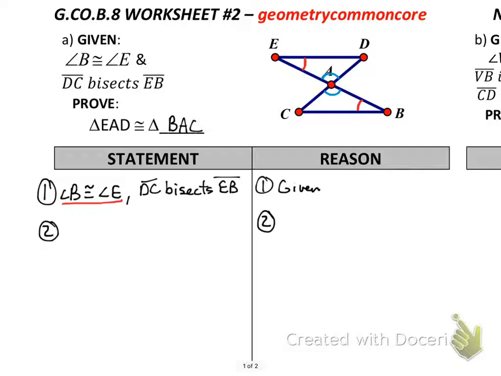So I'm using vertical angles now. And what is my statement going to be? Angle BAC is congruent to angle EAD.